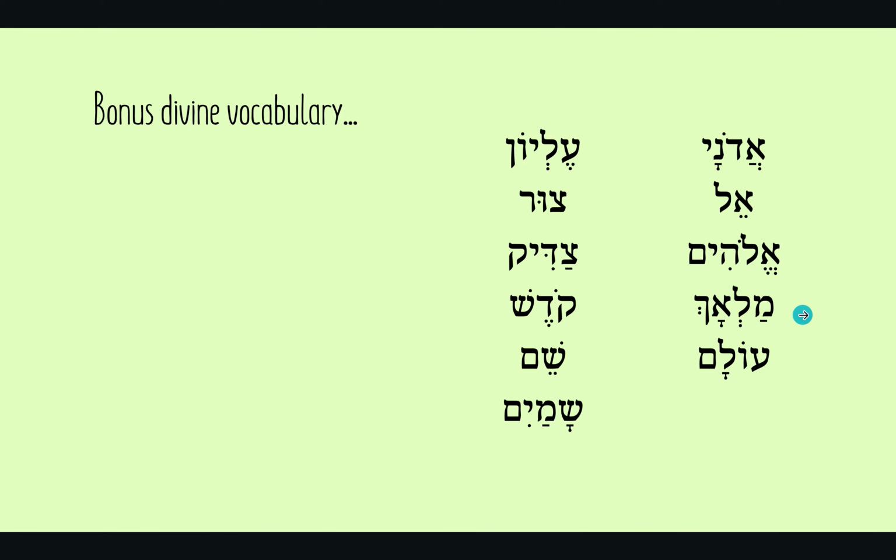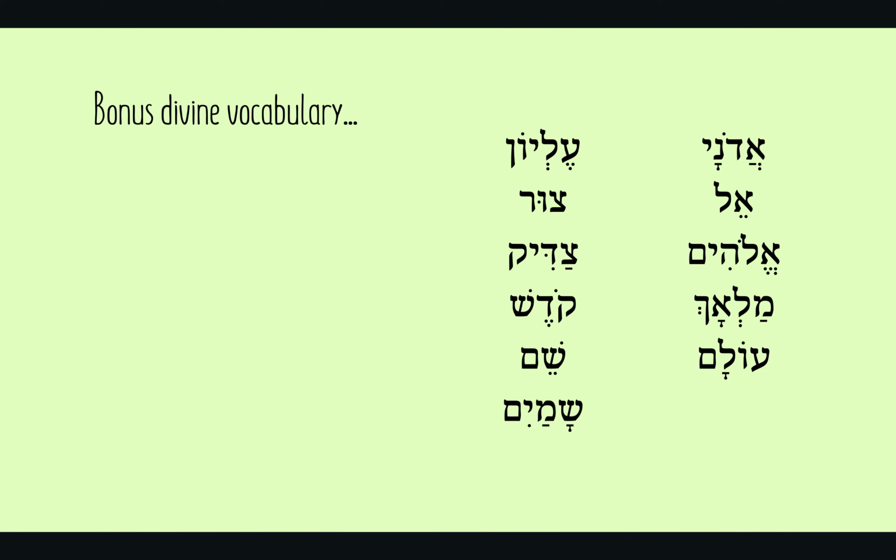How about this one? Malach. Malach means angel. Well, kind of. It means messenger, and a human messenger can be a malach, and a malach can also be an angel, and all we really have to go on is context there. Olam. Now, olam can mean the world, but that's really a modern twist.